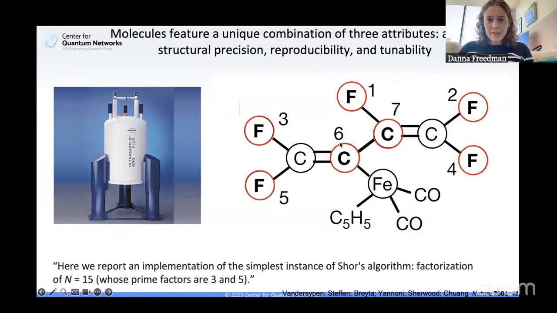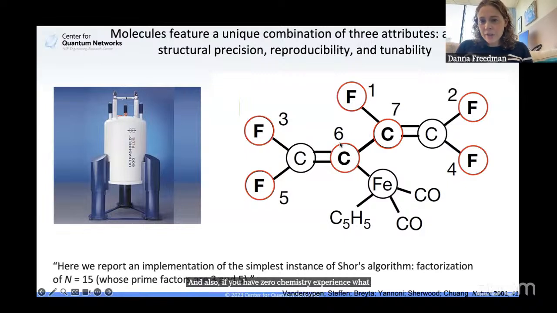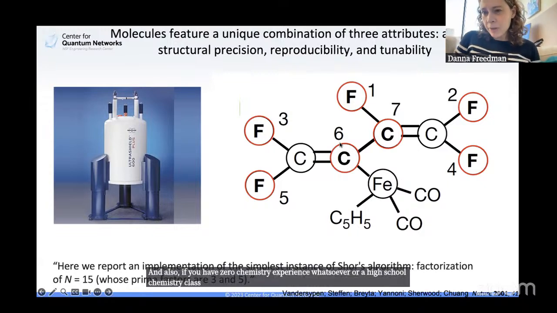Okay, great. Super helpful for helping us think about this. And also, if you have zero chemistry experience whatsoever or a high school chemistry class, then just check the first option.